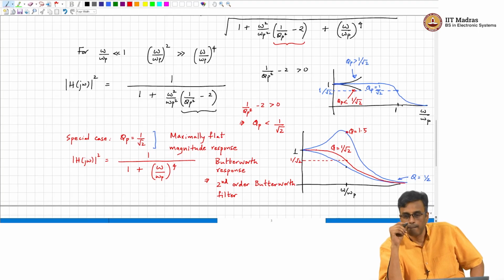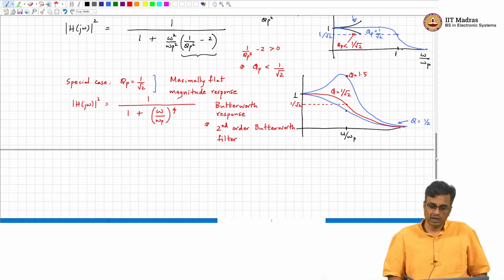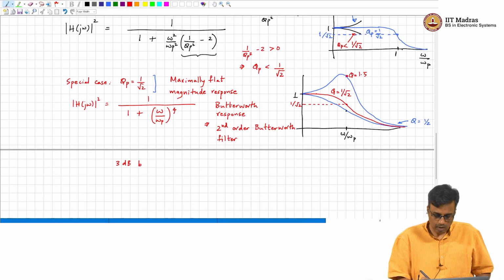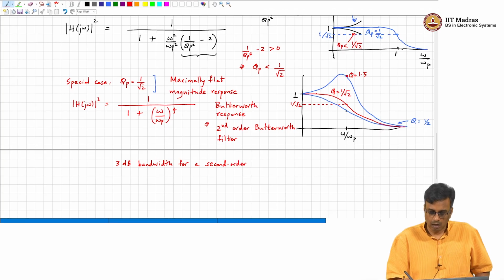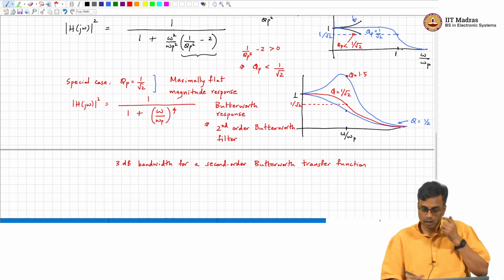Does it make sense? Okay. So, for a second order Butterworth filter, what is the 3 dB bandwidth? It is simply omega p.